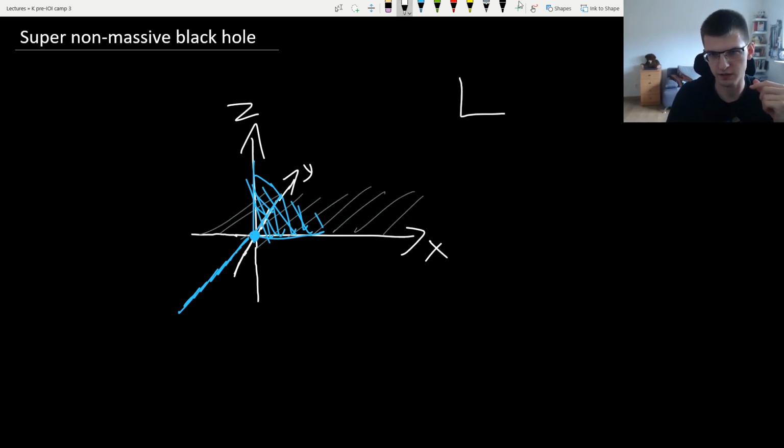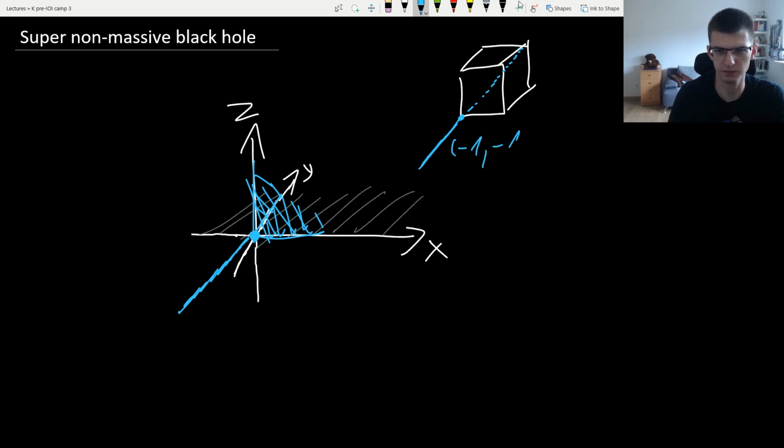If I had a cube, then we're talking about, I think, if this is the diagonal of this cube, if you put it further, then this is the line we're talking about. The line that goes with vector -1, -1, -1.